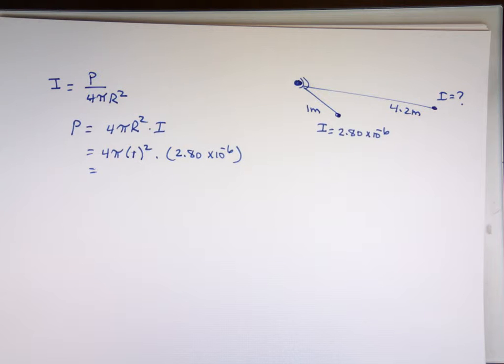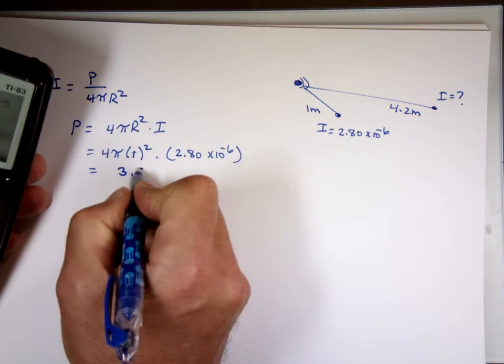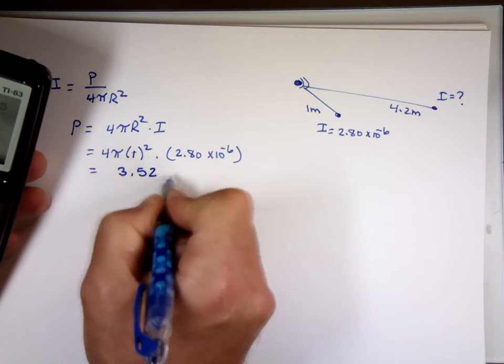It won't change my intensity the way I did it before. My answer is going to be the same for the intensity, but the power will be wrong. 4 times pi times 2.8 e to the negative 6, which is about 3.52 times 10 to the negative 5.